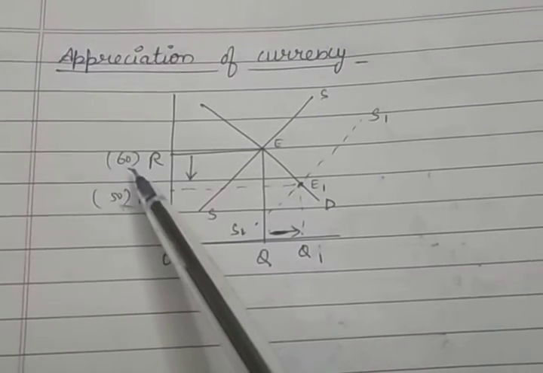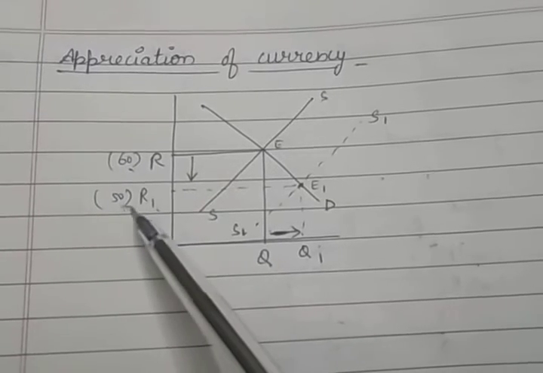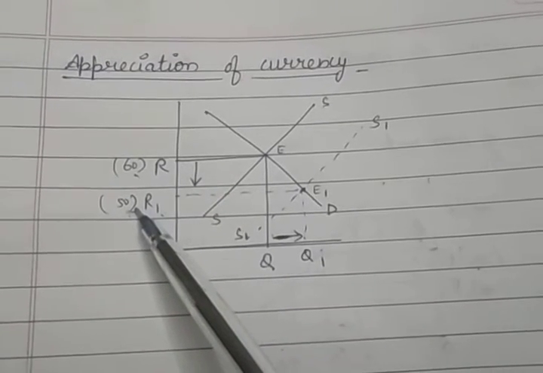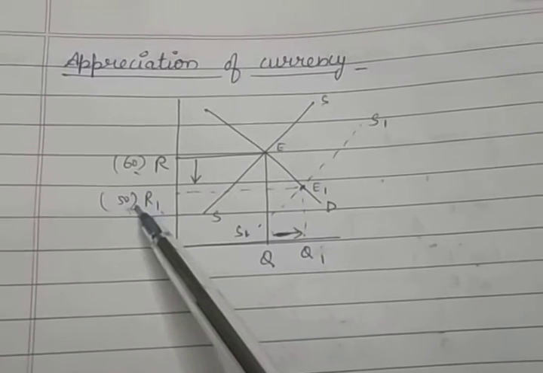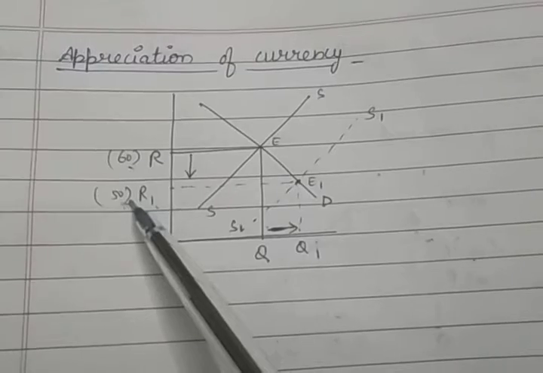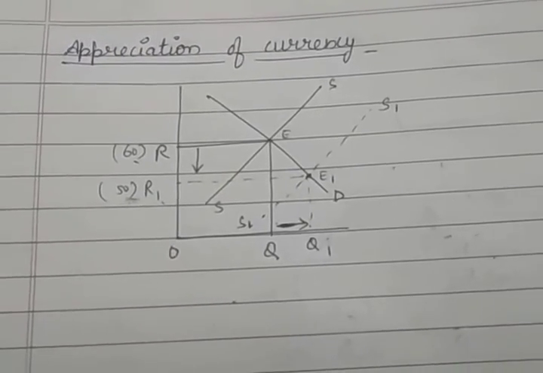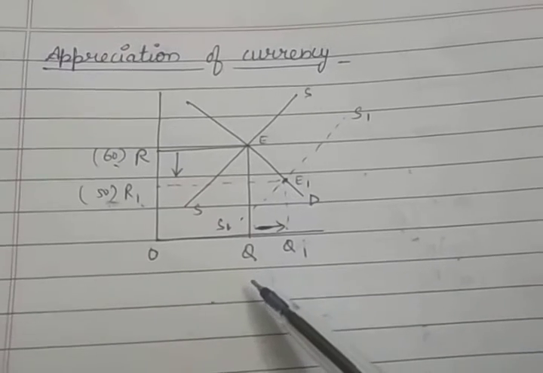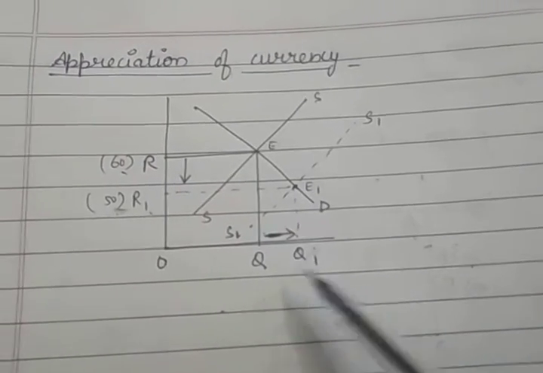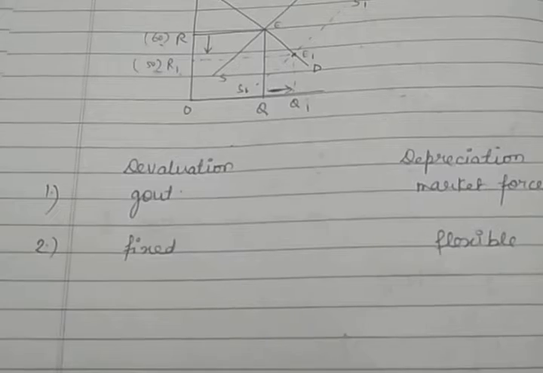Earlier Indians had to pay 60 rupees, but now they have to pay 50 rupees. So it means imports from USA have become cheaper. So it may result in an increase in the imports from USA. So appreciation increases the imports, whereas depreciation increases the exports of the country.